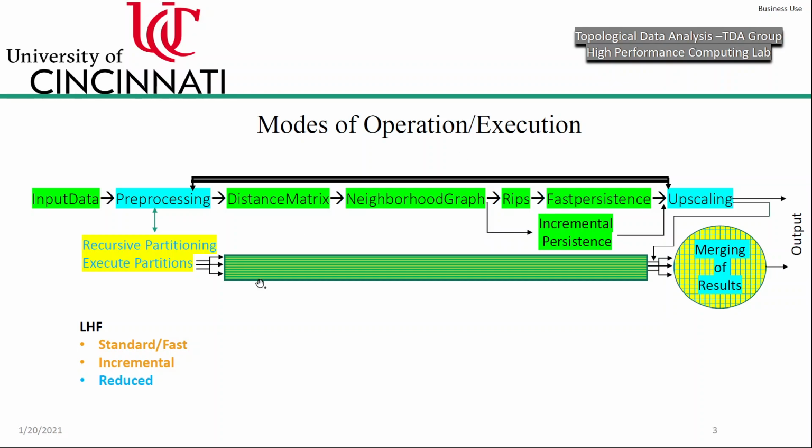We use different pre-processing techniques to extract sample points or representative points from the point cloud, and then run persistent homology on those centroids. Using that centroid point cloud as a representative, we find its distance matrix, neighborhood graph, Vietoris-Rips complex generation, and then the fast persistence.